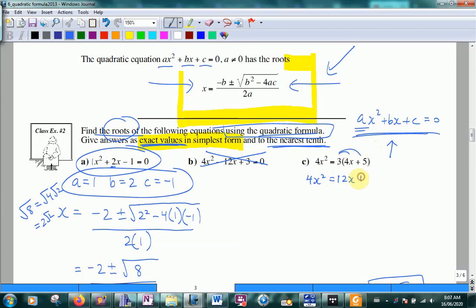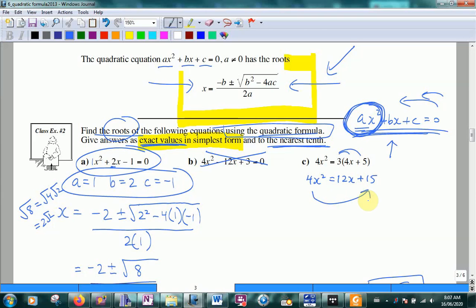3 times 5 is 15. Distributive property, right? Still doesn't look like this. I want to take everything, put it to one side, having 0 on the other side. And then there's always a question of, do I want A to be positive? Do I want it to be negative? Because if I take this and put it over here, it will be minus 4x squared plus 12x plus 15.